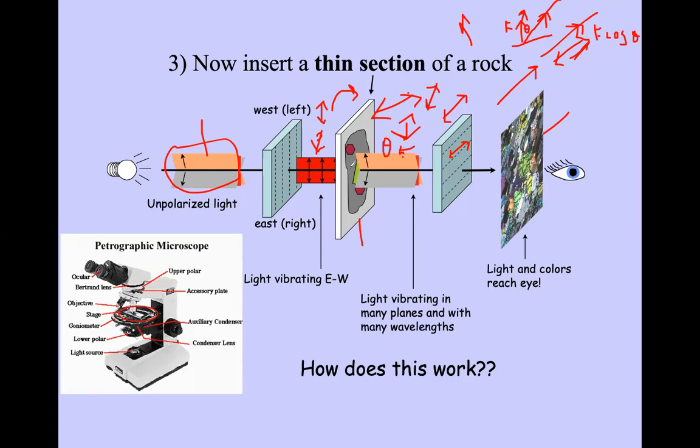It will be resolved into different vibration directions by the minerals themselves according to their isotropic and anisotropic behavior. But anyway, the whole light is coming from the light source through the mineral to your eye. So therefore you will see the natural color.